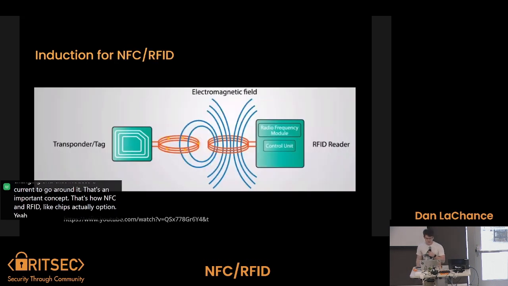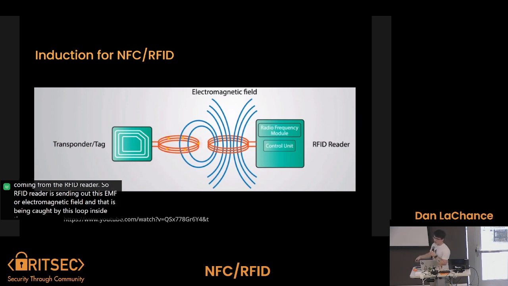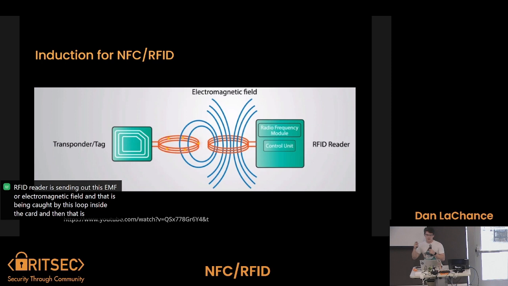What you need to know right now is that there's a tag inside of the card, and that tag is what catches the electromagnetic field coming from the RFID reader. The reader sends out this EMF, it is caught by this loop inside of the card, and through induction, it's powering the whole system to run.